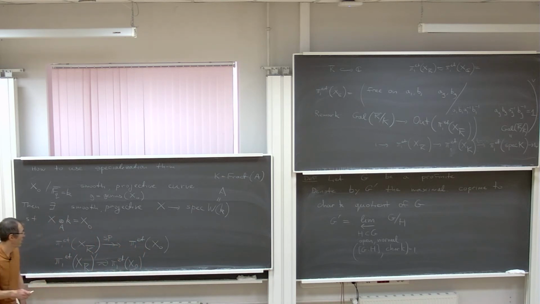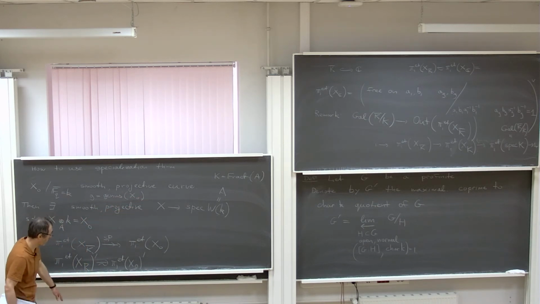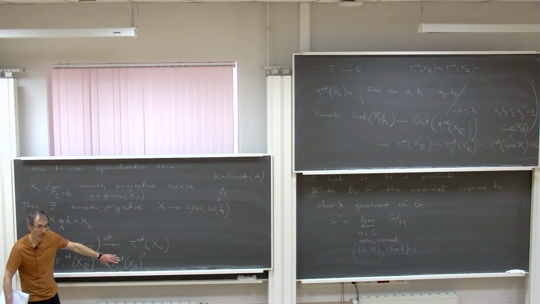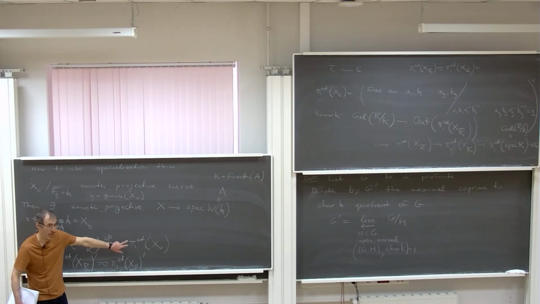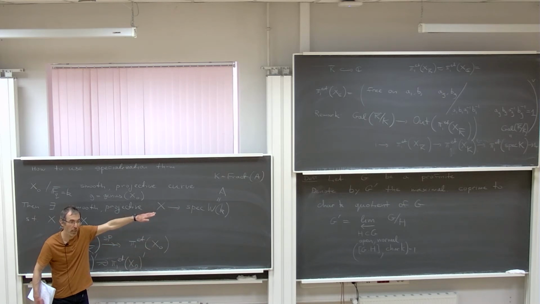Okay. So in particular, this group depends only on the genus of the curve and not on the curve itself. However, I quoted a theorem of Raynaud that says that if you look at this larger group, then it determines the curve uniquely up to finitely many choices.